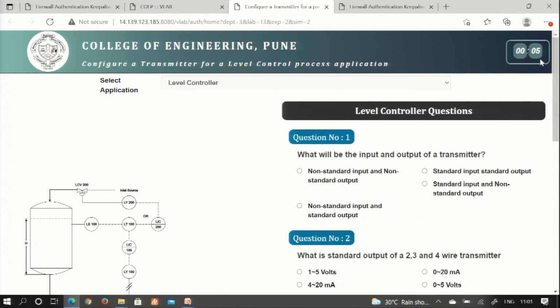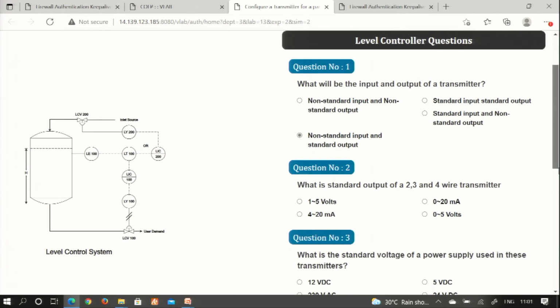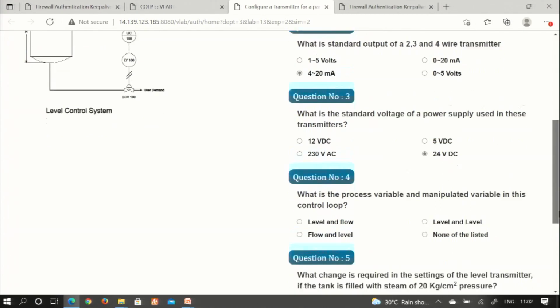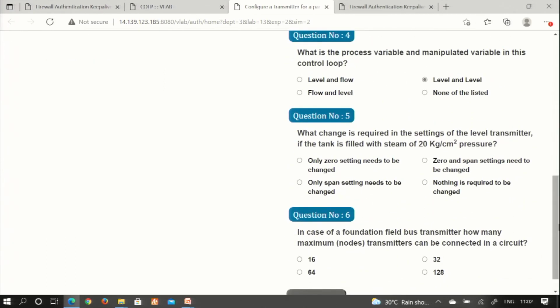Again the timing will start, and then we will start giving the answers. These questions also will come from the question bank, and the test would be a typical test for a level control system or for the controller which you will be using. So, depending on that, those questions would come, and we are expecting that the student should answer these questions after understanding the concept, after reading the theory, after reading the details which we have already passed on to him.